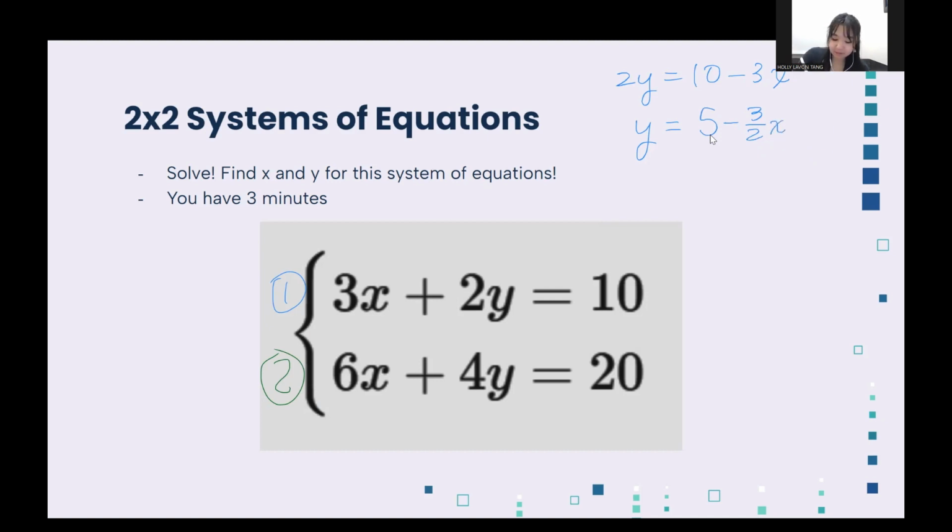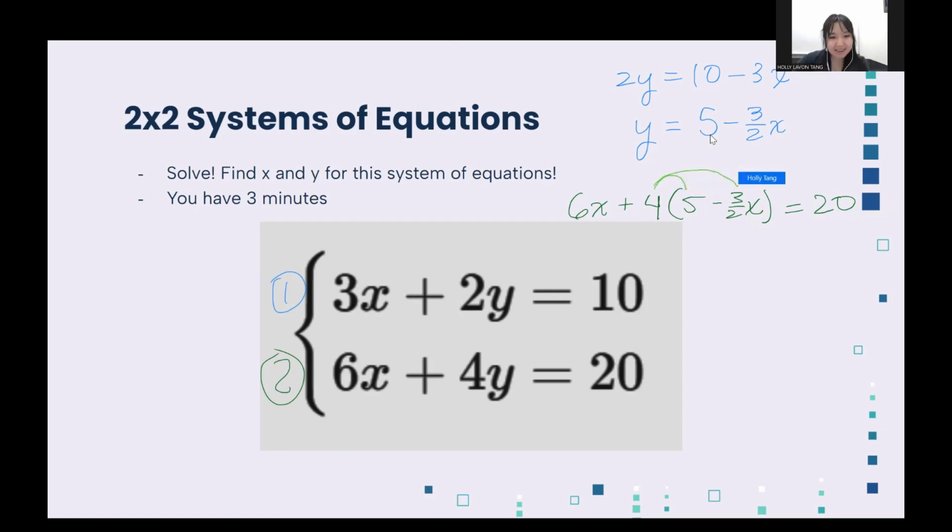And then we're plugging that into equation 2. So then we get 6x plus 4 times that is equal to 20. Is that correct? Yeah, I realized where I went wrong. I wrote a 10 for some reason instead of a 5. Yeah. Okay, that was dumb. No worries, it always happens.